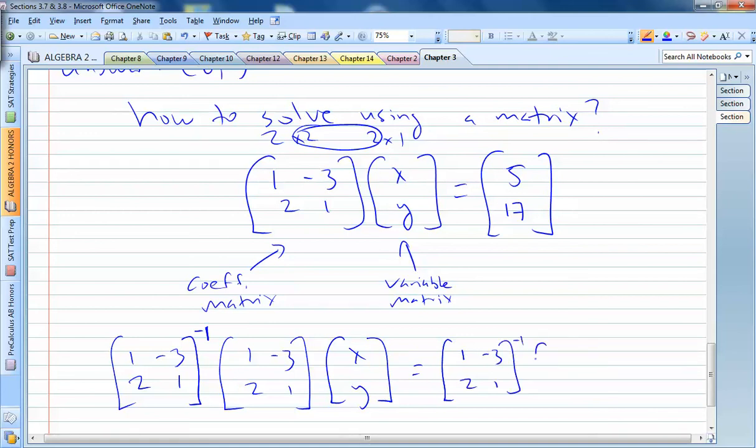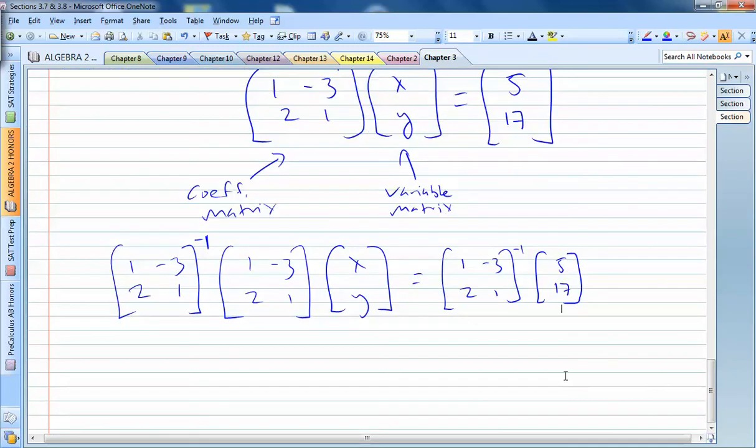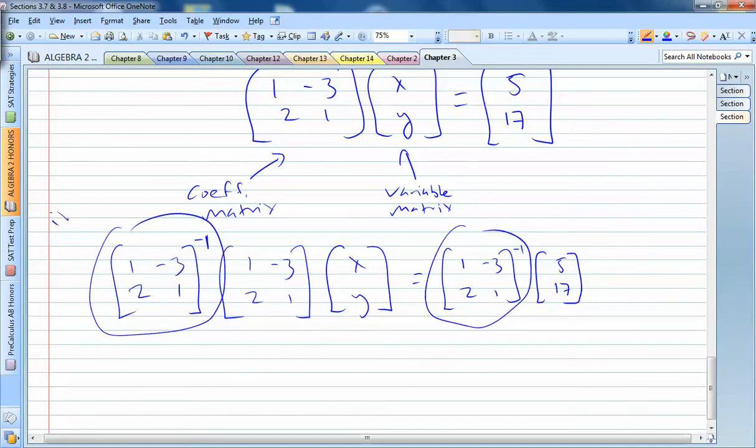I know this is a bit complicated because it's the first time you're seeing this, so I do expect some questions, or maybe you were a little confused when you watched the video. But we're going to multiply both sides by the inverse matrix of our coefficient matrix. Remember, our coefficient matrix was made from the coefficients of x and y.